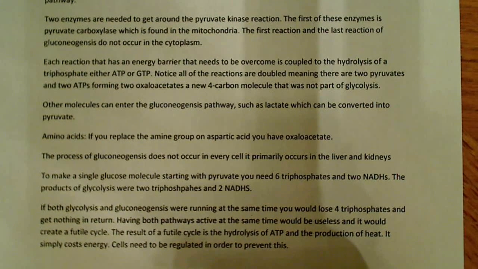So you can see that it costs a lot more energy for the cell to make glucose than it does to break down glucose. Okay? The products that you make from breakdown of glucose and glycolysis is only 2 triphosphates as a net and 2 NADHs. It requires 6 triphosphates and 2 NADHs, okay, just to make 1 molecule of glucose. So that's quite a bit of energy.